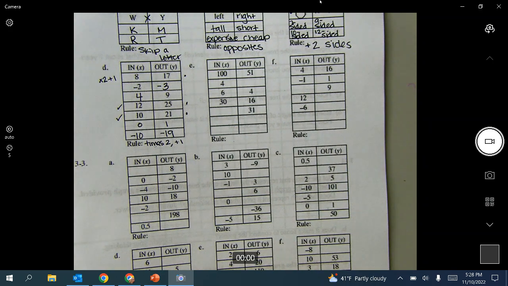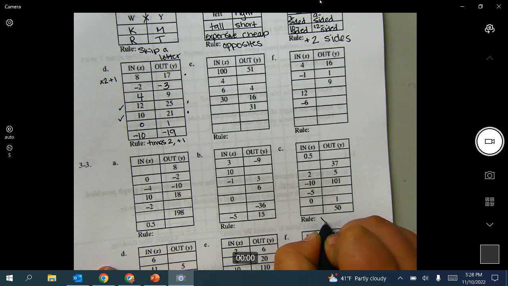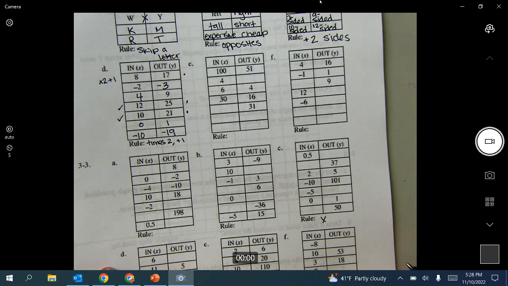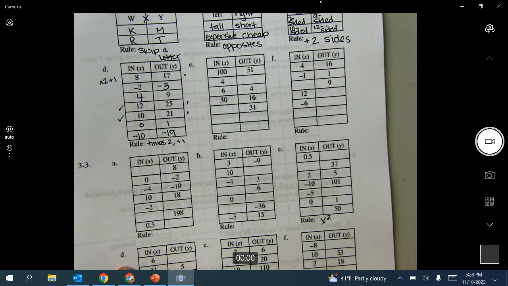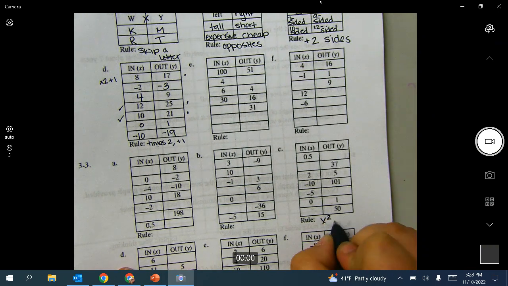So my rule here is that my input, the x, is being multiplied by itself. And to say that something is being multiplied by itself is the same as squared. So my rule is x squared and then plus 1.